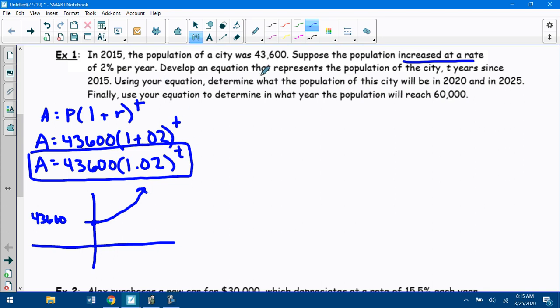Okay, using your equation, determine what the population of the city will be in 2025. Or 2020 first. Well, 2020, what would I plug in? It's definitely a time, so it's going to be t. And since it's all based off of years since 2015, that's year 0. This would be when t is 5. Okay, so I would just say A equals 43,600 times 1.02 to the 5th.